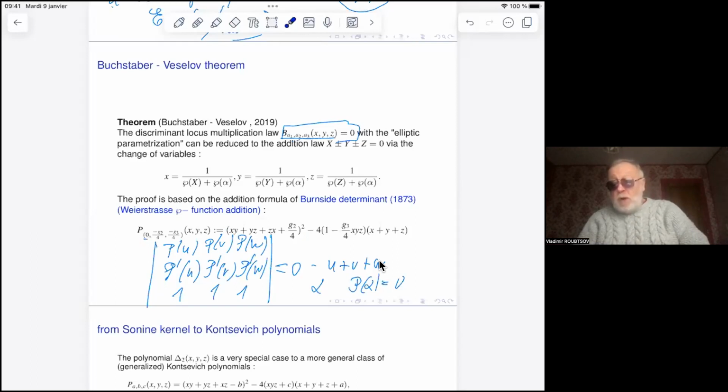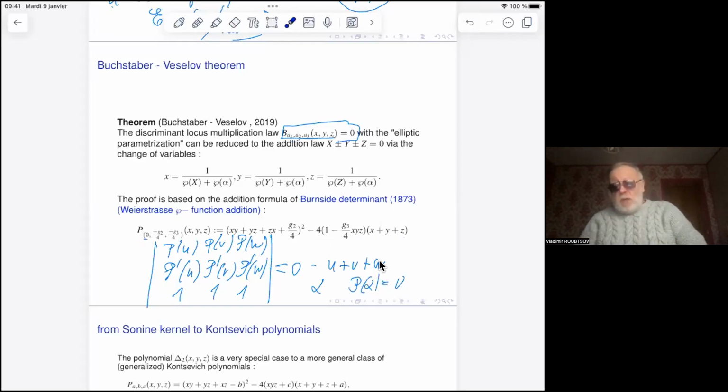First term is square, but no xyz here because of this condition a1 equal to 0. And here you have coefficient 4 because a1 equal to 0. And this product of 1 minus g3 over 4 xyz. And this is exactly the solution of this condition for P. This polynomial is the addition law for the P function.